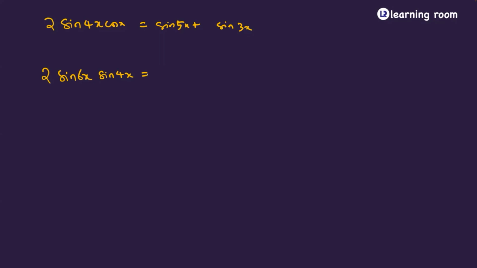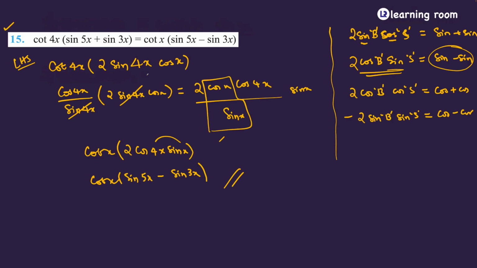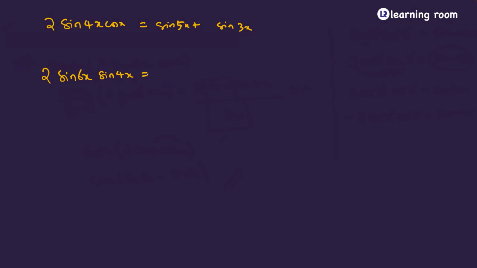When will you get sine into sine? According to the logic that I gave you, on the right hand side, sine into sine will come, minus or plus, I'm not concerned, when it is cos minus cos. So I will write this as cos minus cos.